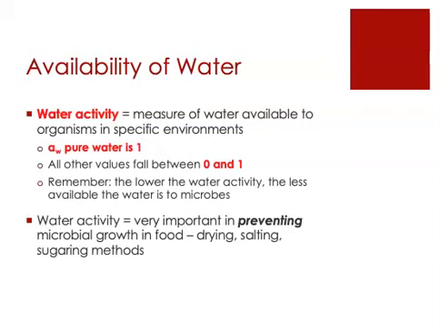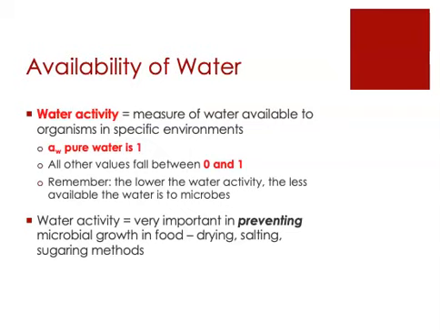The reason we care about water activity, and the reason we measure it in certain foods, is because it gives us an idea of how likely that food is to get contaminated with microbes. We know the water activity for a lot of different types of food, and it gives us information that tells us how we need to store that food or keep that food in order to prevent harm to people who eat that food.